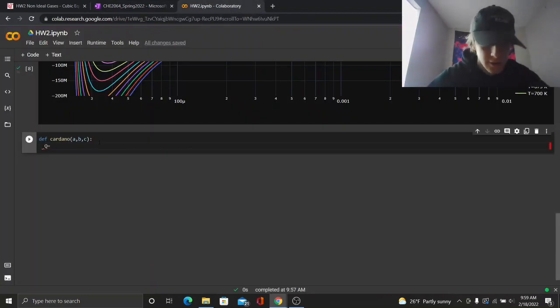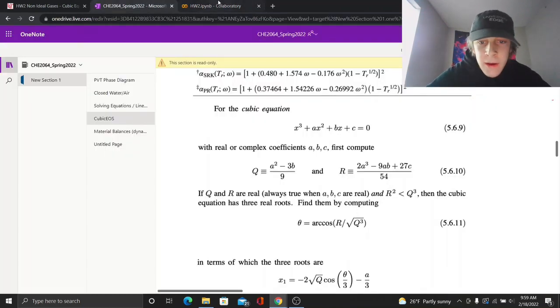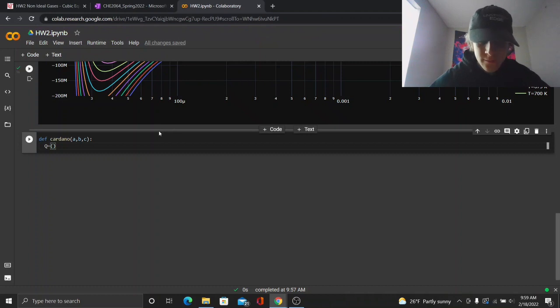So Q equals A squared minus 3 times B divided by 9.